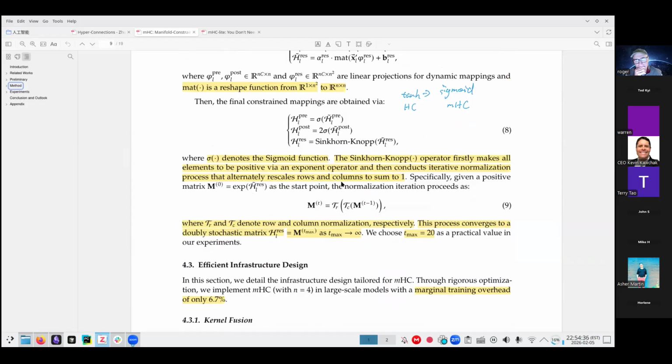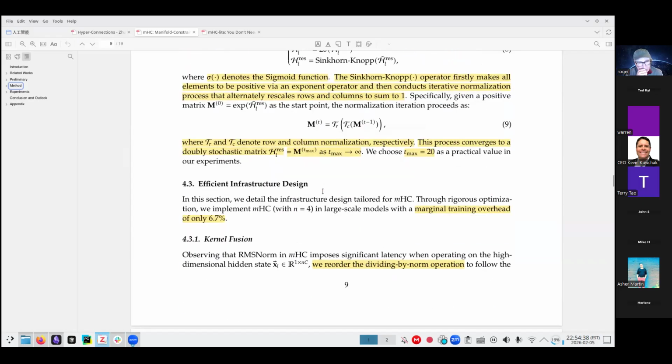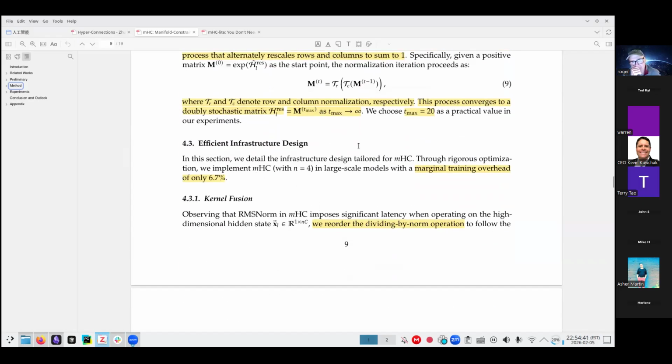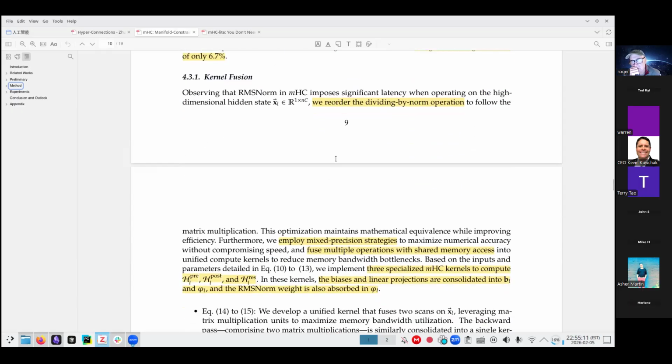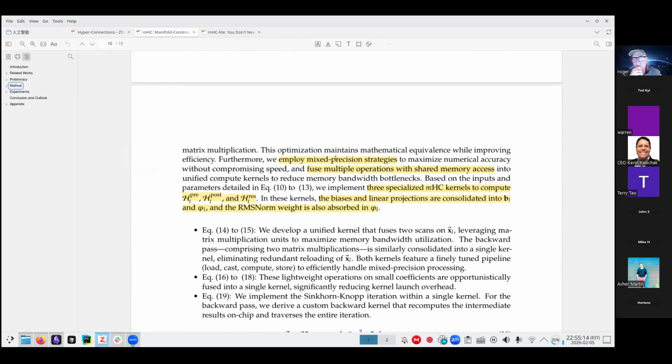Okay, maybe we can go to the next one. Before that, they said they implement this MHC with an overhead of only 6.7%, but that is based on the fact that they have to write their own kernel fusion to implement all these matrix operations.